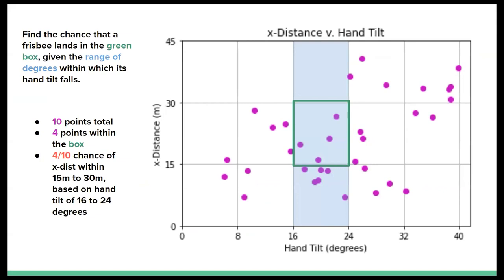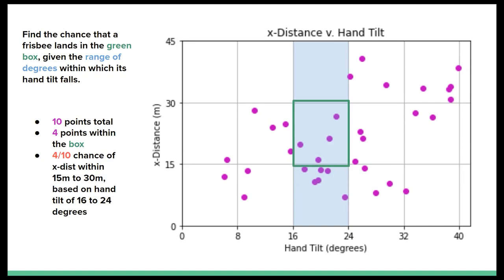So we take one column, let's say 16 to 24, we count the total number of points within this column, which would be 10, and then we want to find the probability of the Frisbee with a degree of 16 to 24, anywhere in that range, landing 15 to 30 meters on the x distance. And within this interval, we have 4 dots out of 10. So the probability for the Frisbee landing here in this box would be 4 out of 10.